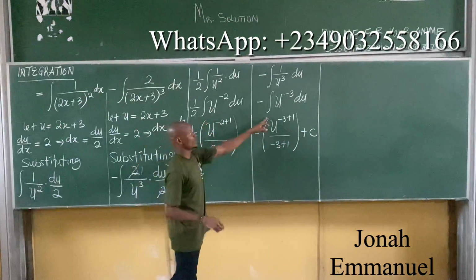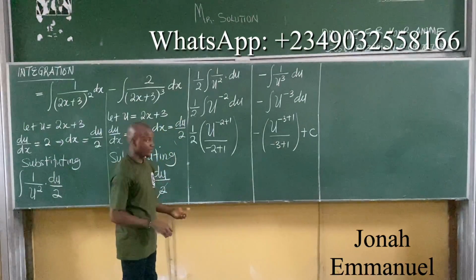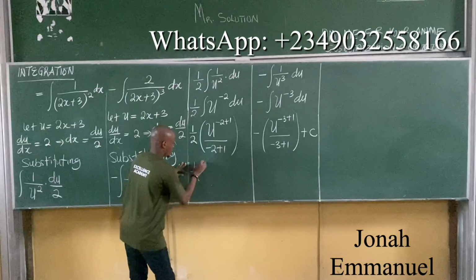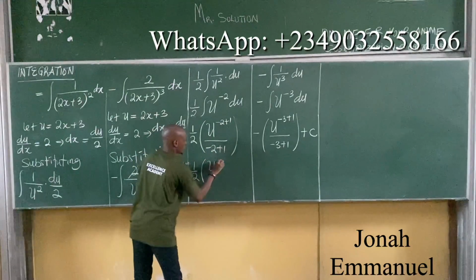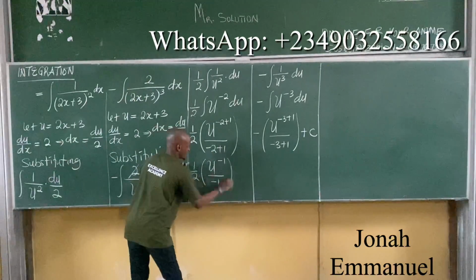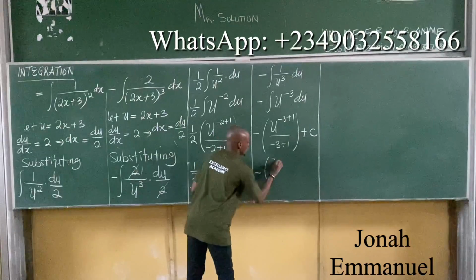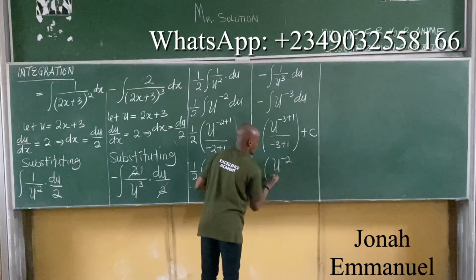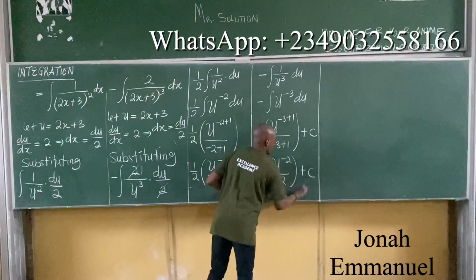So we're integrating using the general method of integration. From this, I'm having 1 over 2 into u to the power minus 2 plus 1, which is minus 1, all over minus 2 plus 1, which is minus 1, into minus, u to the power minus 3 plus 1, which is minus 2, all over minus 2, of course, plus c.